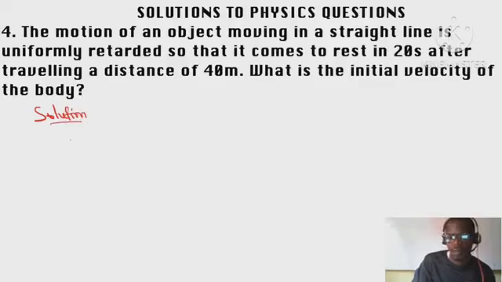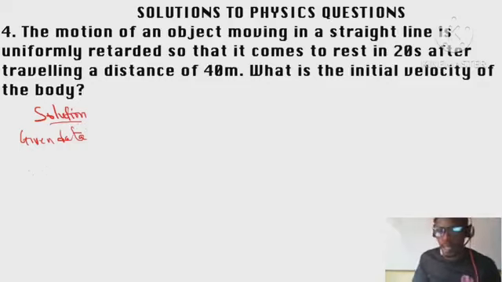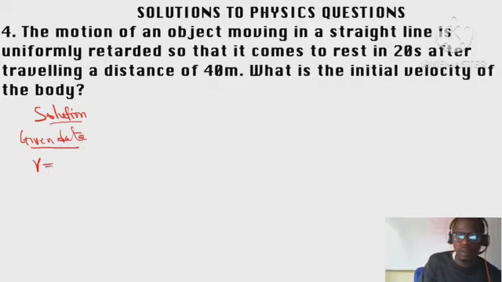What are we given? We have the given data. We are told that the motion of an object moving in a straight line is uniformly retarded so that it comes to rest. Because it's uniformly retarding, the final velocity v is going to be 0.